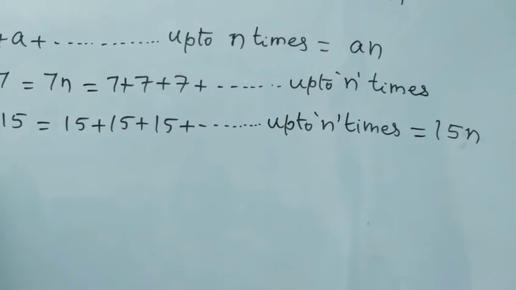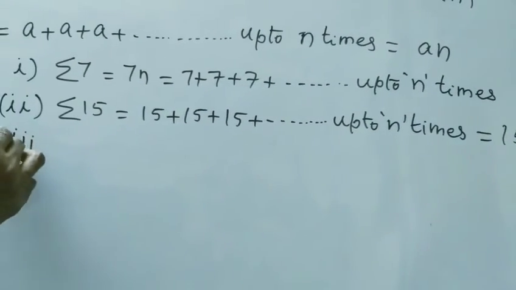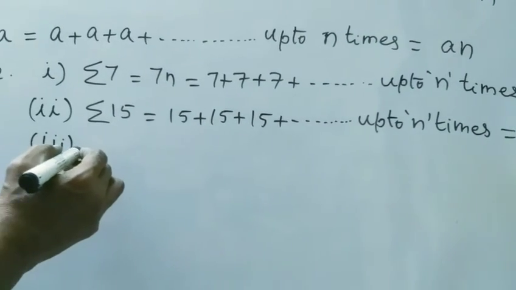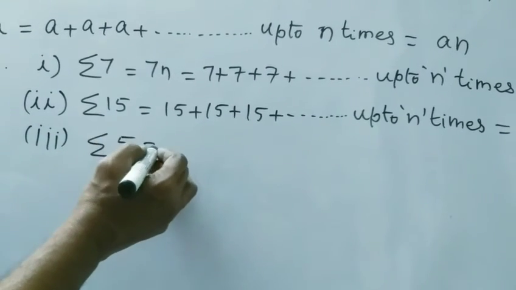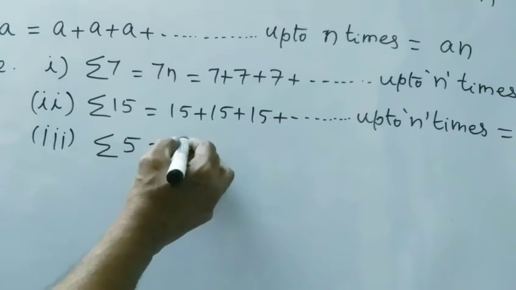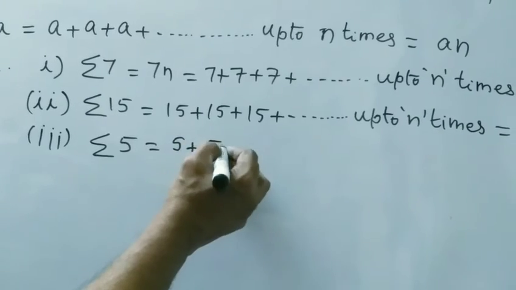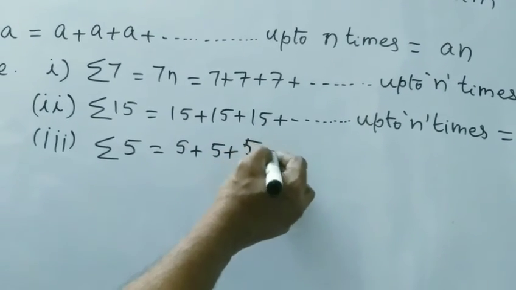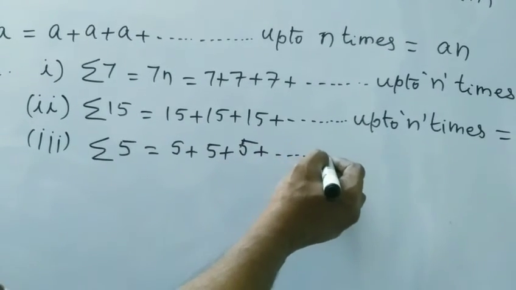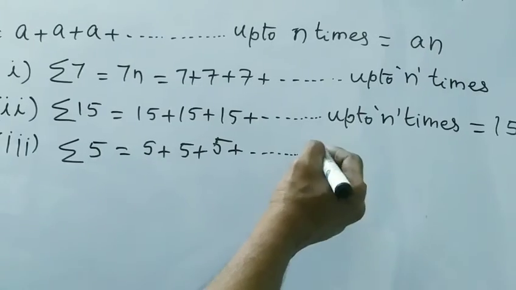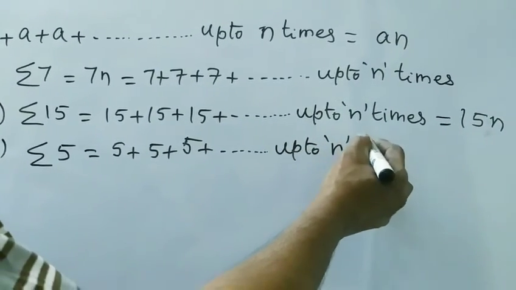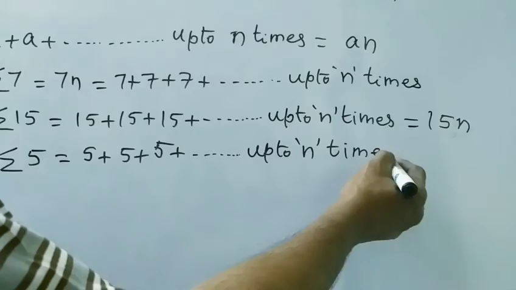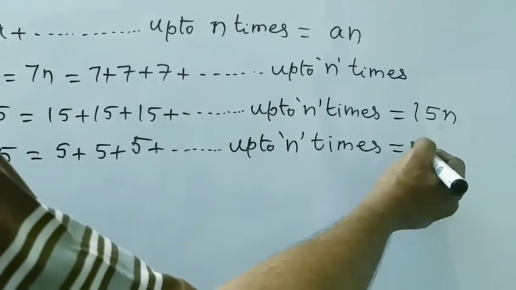And one more example, the third one: summation of 5 is also the same thing, 5 plus 5 plus 5, and so on up to n times, is equal to 5n.